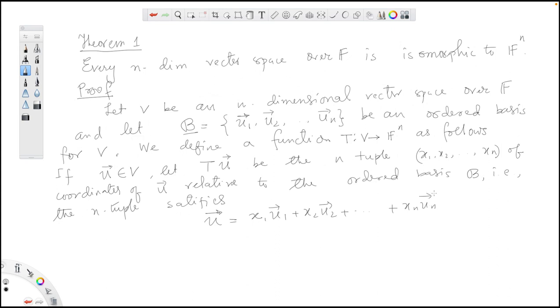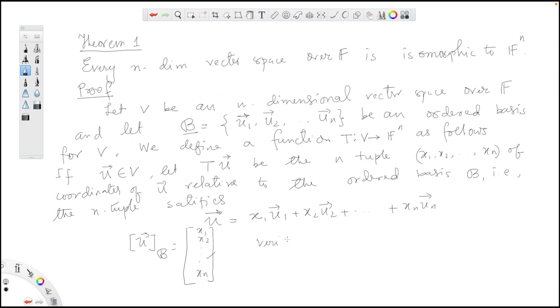From which we find that the coordinate matrix of this vector is indeed this n-tuple x1, x2 all the way up to xn. So when we pick up the vector u from this vector space, Tu is going to be that unique n-tuple in F to the n.